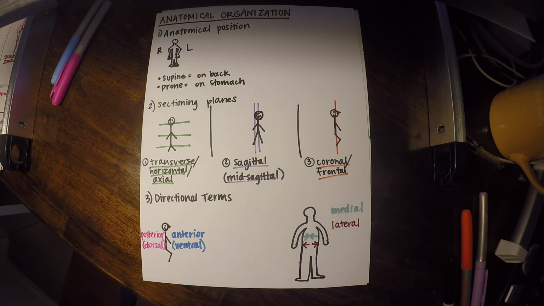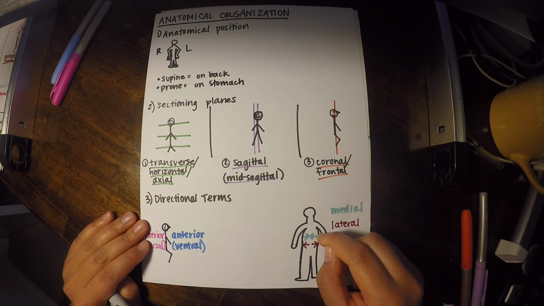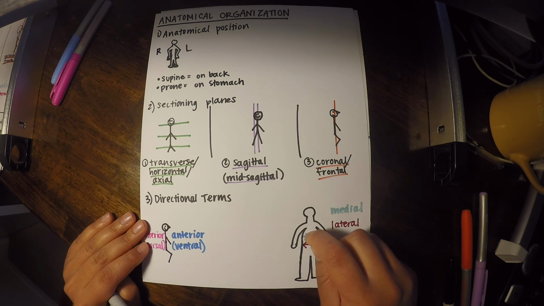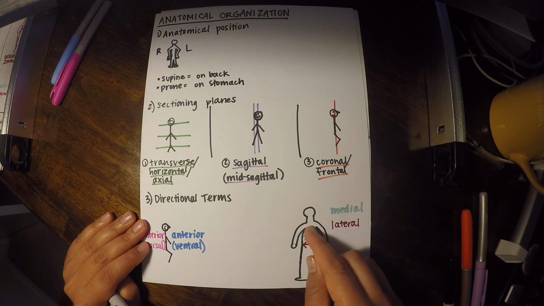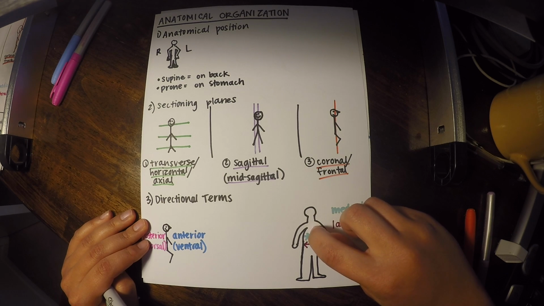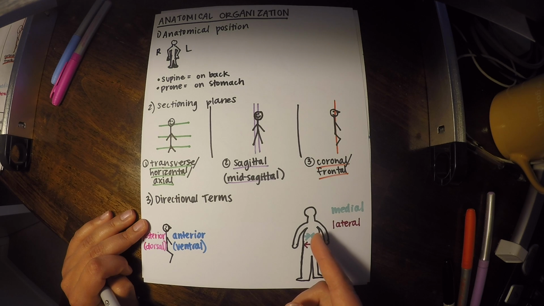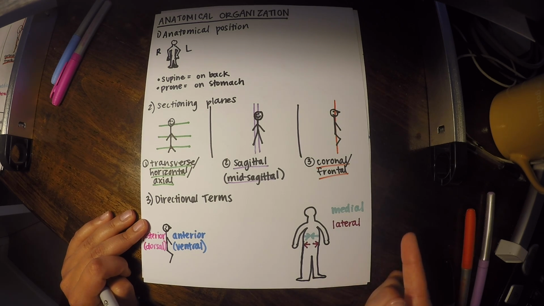So let's say we're talking about your lower ribs that are about right here. And we're talking about something called your sternum, which is in the middle of your body right here. Your sternum is going to be this little structure in the center, and your ribs are going to be further out towards the side. So your sternum is going to be medial to your ribs. And vice versa, your ribs are going to be lateral to your sternum.